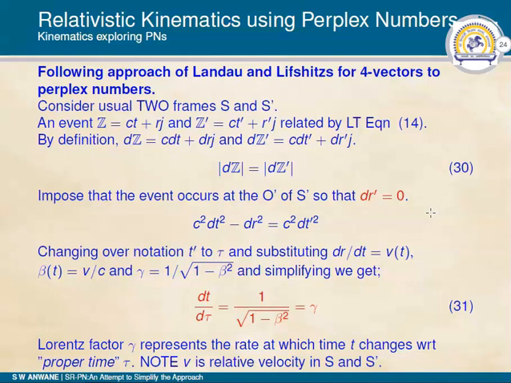So you can rearrange the last equation to obtain equation number 31, which is dt by d tau equal to gamma, in fact equal to 1 upon under root of 1 minus beta square. So the Lorentz factor gamma is appearing here, which is the rate at which the time t changes with respect to proper time tau, when the velocity involved between 2 observers or 2 frames S and S dash is v.